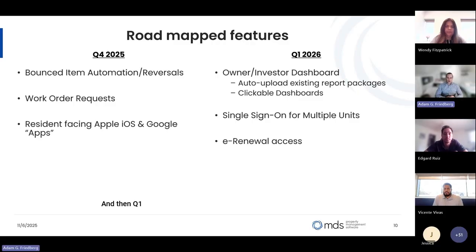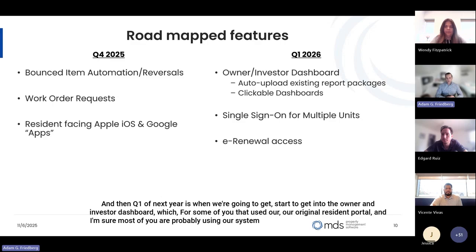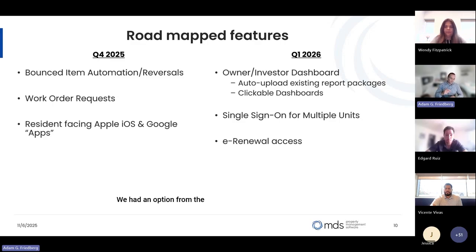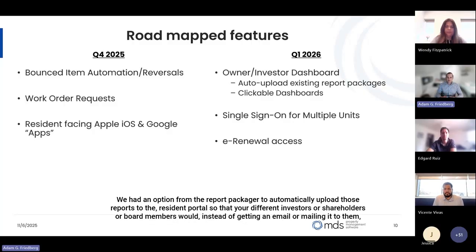And then Q1 of next year is when we're going to start to get into the owner and investor dashboard, which for some of you that used our original resident portal, and I'm sure most of you are probably using our system to generate monthly report packages, we had an option from the report packager to automatically upload those reports to the resident portal so that your different investors or shareholders or board members would, instead of getting an email or mailing it to them, be able to log into their portal and retrieve their packages from there.